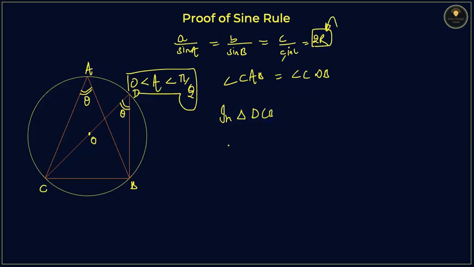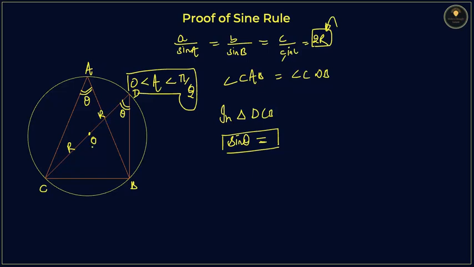Done. Now let's discuss triangle DCB. I will write the value of sine theta. Firstly, you have to understand whether this triangle is a right angle triangle or not. This chord is passing through the center, which means this is r and this is r, so this will be the diameter.